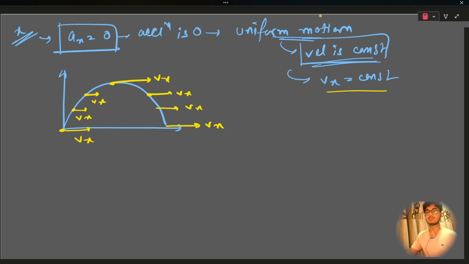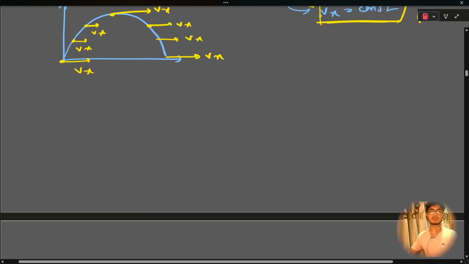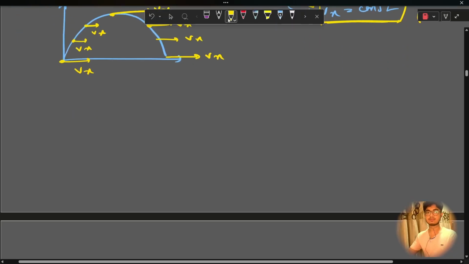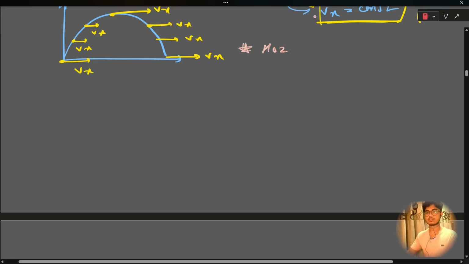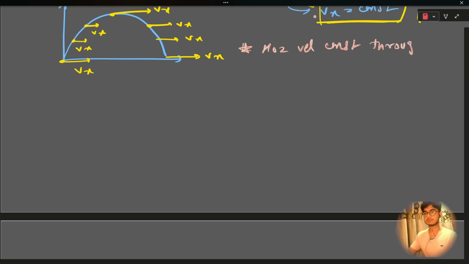So the velocity Vx would be constant. Even the direction is constant. Now, I'll write it in a different pen: horizontal velocity is constant throughout the projectile motion.